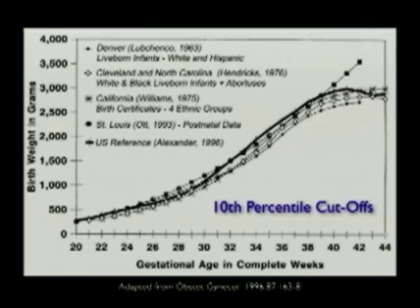And then if you take any one of these other 10th percentile cutoffs for any of these other large studies, you can see that there's agreement for this boundary up to about 30 weeks, or roughly 31 weeks, after which time there is some divergence between the national standard that I just described and the other series.